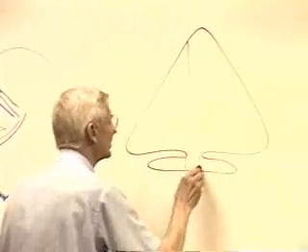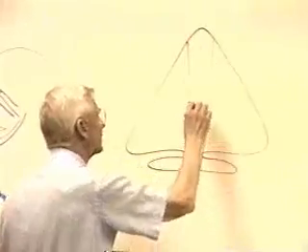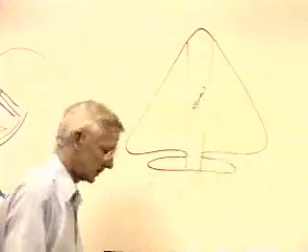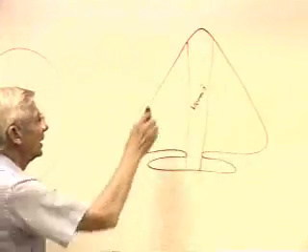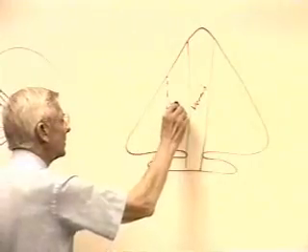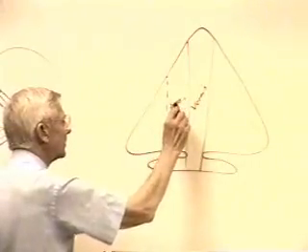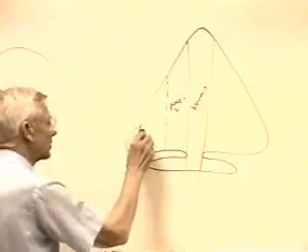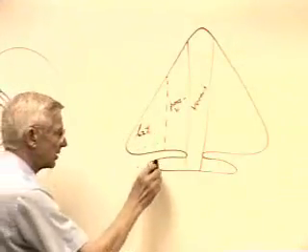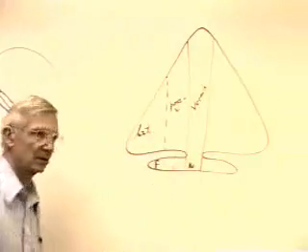The vermis. And a paravermis. Lateral cortex, flocculonodular lobe.